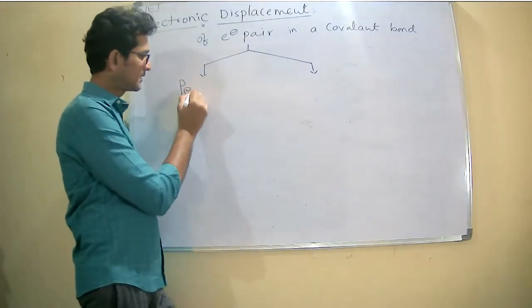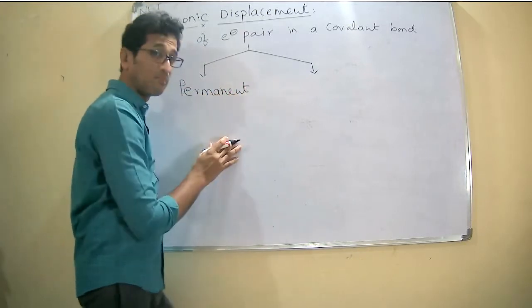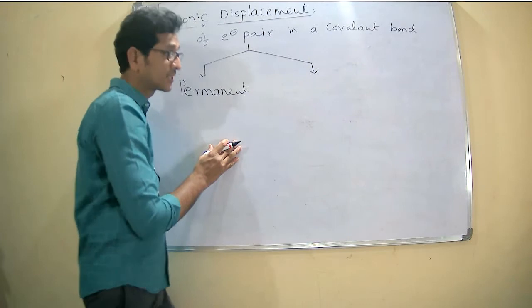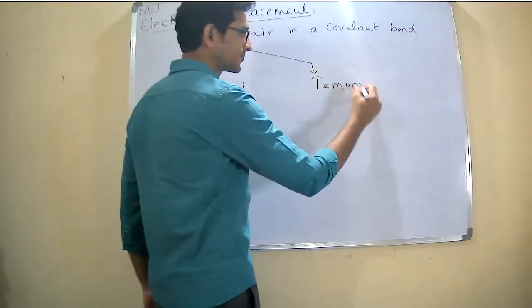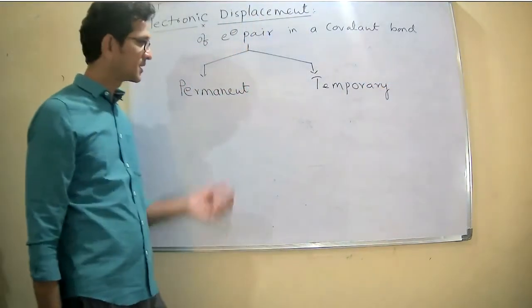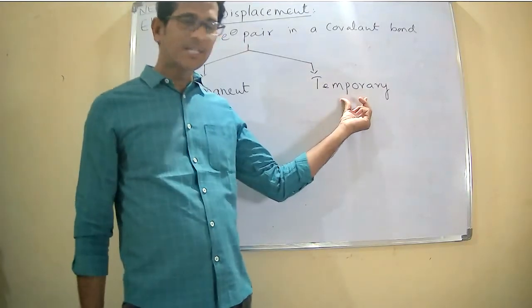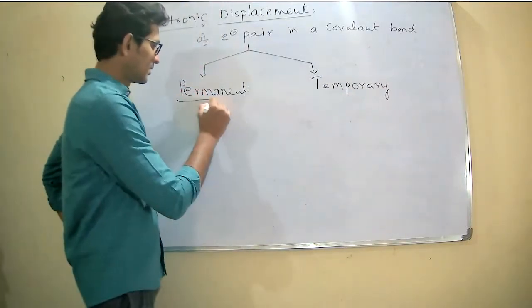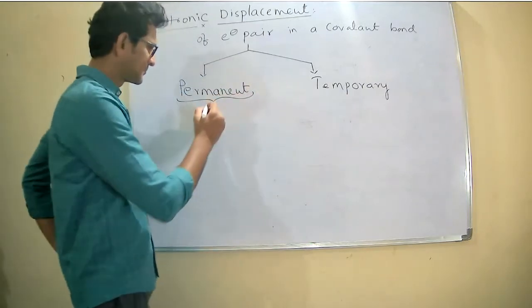Type 1 is permanent electronic displacement. Type 2 is temporary electronic displacement. What is a permanent electronic displacement?